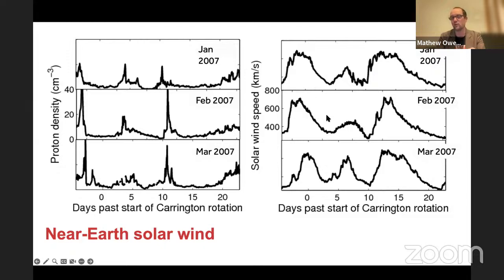Over here is the equivalent solar wind speed, and so you see that these are of the order hundreds of kilometers a second, so millions of miles an hour. It varies between about 700 kilometers a second and about 300 kilometers a second.